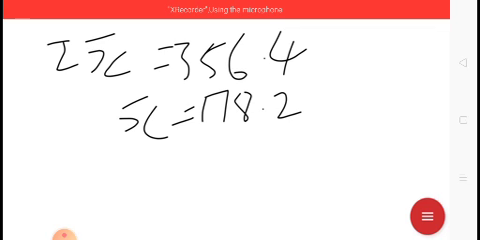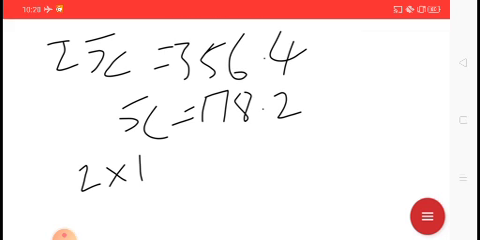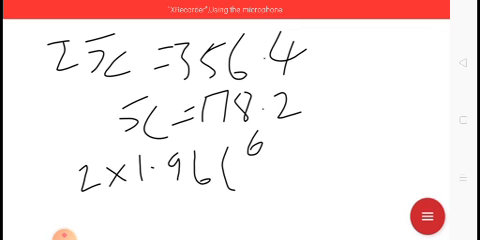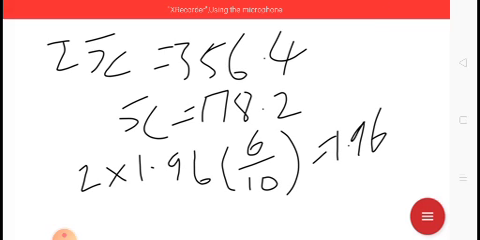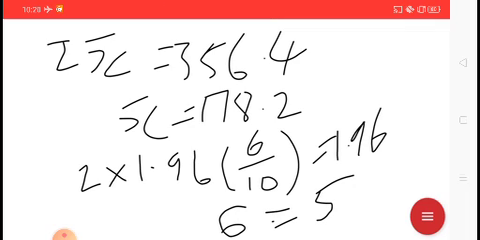And if you use the second equation minus the first equation, you will get 2 times 1.96 multiplied by sigma over 10 is equal to 1.96. When you calculate, you should be able to get sigma equal to 5. Sigma equals 5, for part 1.